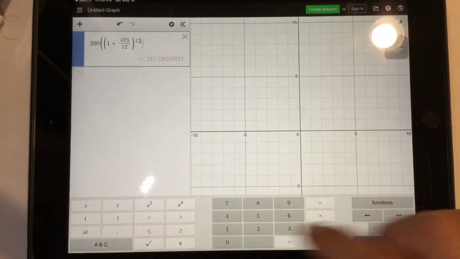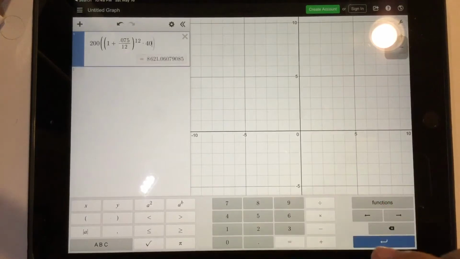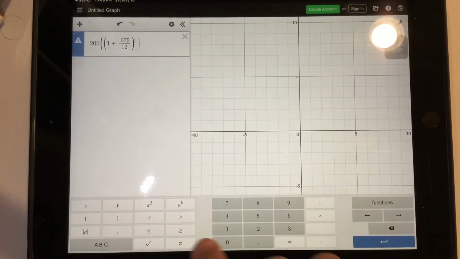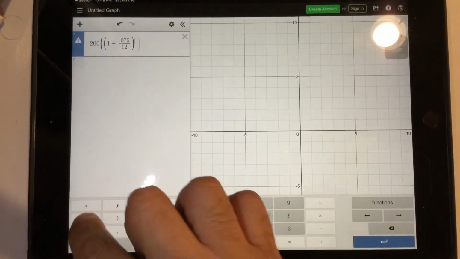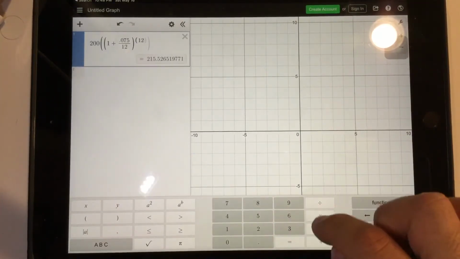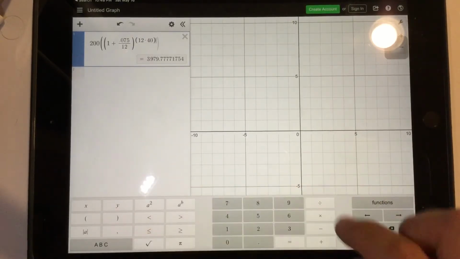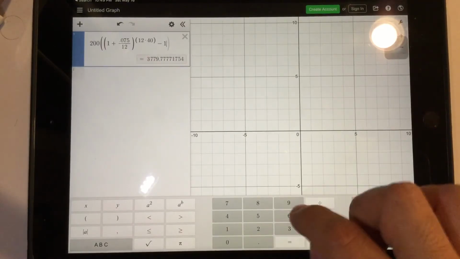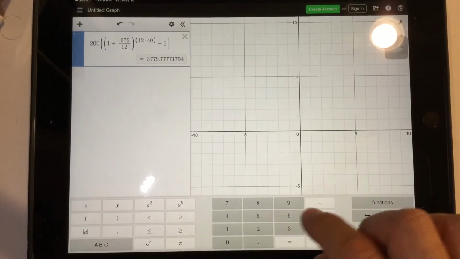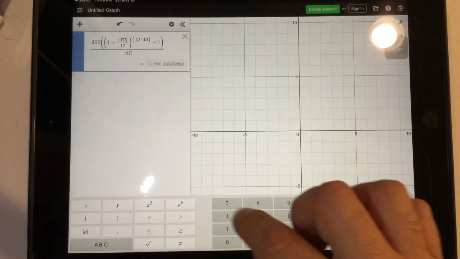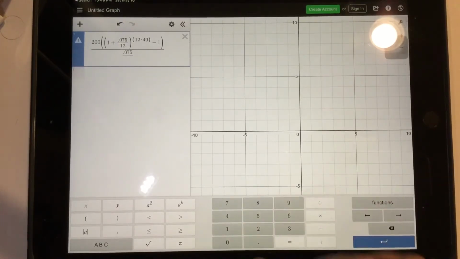You can't just type 12 times 40 because this is what happens. Notice it goes down there. So what you want to do is, before you start the 12, you want to put open parentheses. Then 12 times 40. Close the parentheses. Arrow out. And then minus 1. Arrow out again. Now we're going to divide this all by 0.075 divided by 12.